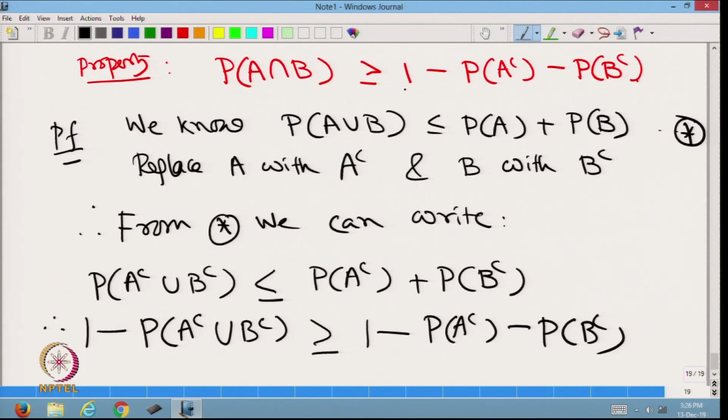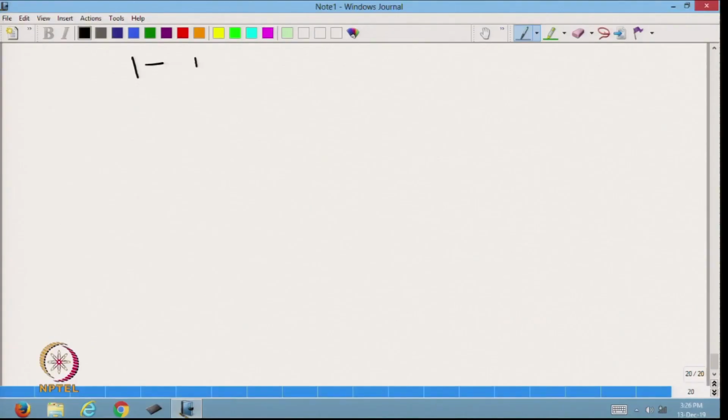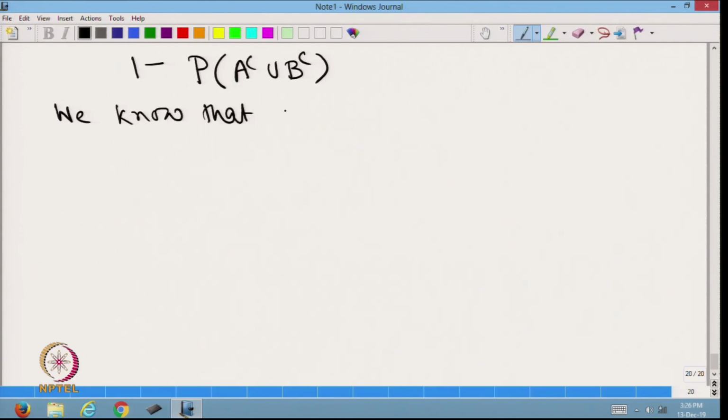So, you can see that we have already got the right hand side, we have got the inequality. Now, what is 1 minus probability of A complement union B complement? We know that (A intersection B) complement is equal to A complement union B complement. This is from our elementary knowledge of set theory.